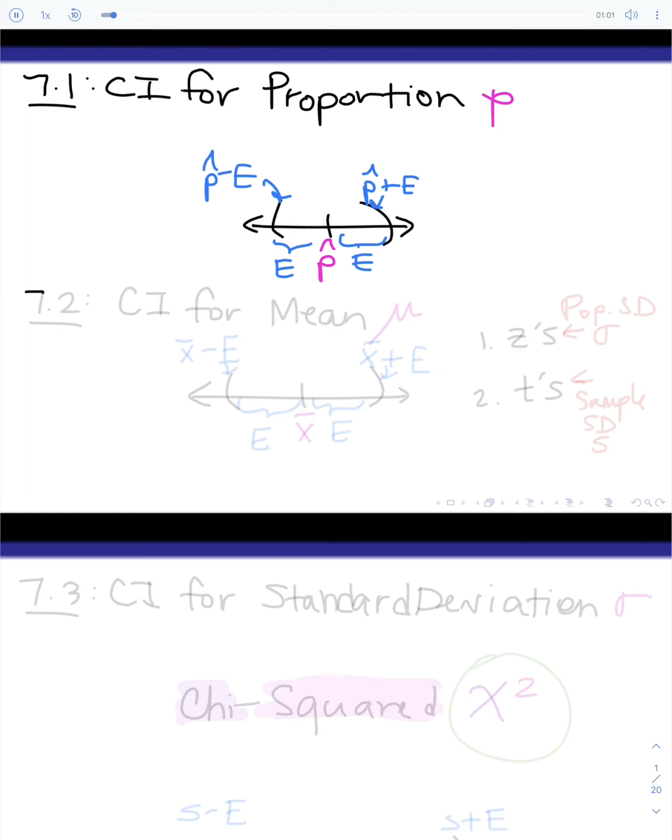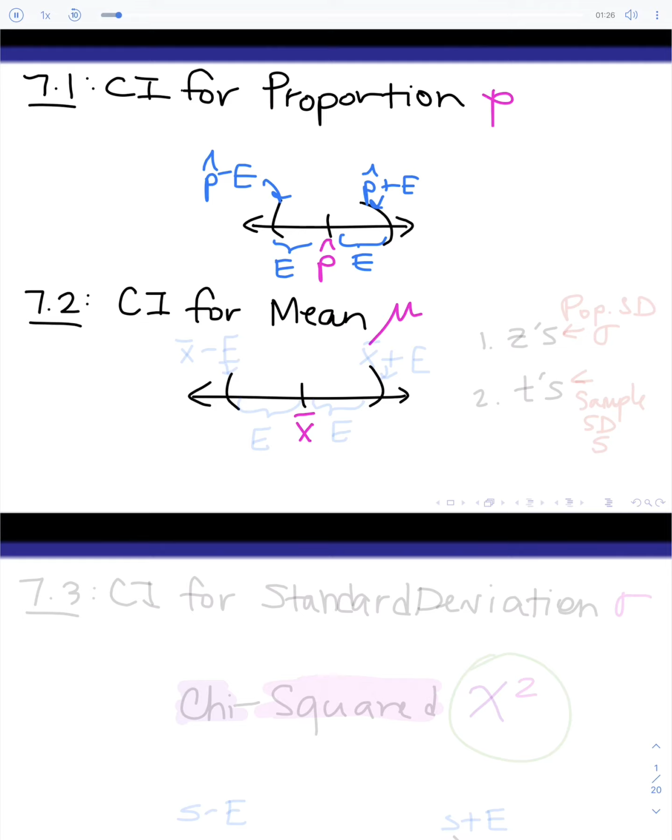In 7.2, we did something similar. We found confidence intervals for the mean. And again, we were making confidence intervals for the population mean, which is mu. But you don't have the population mean, so you have to use the sample mean, and that's what went in the middle.